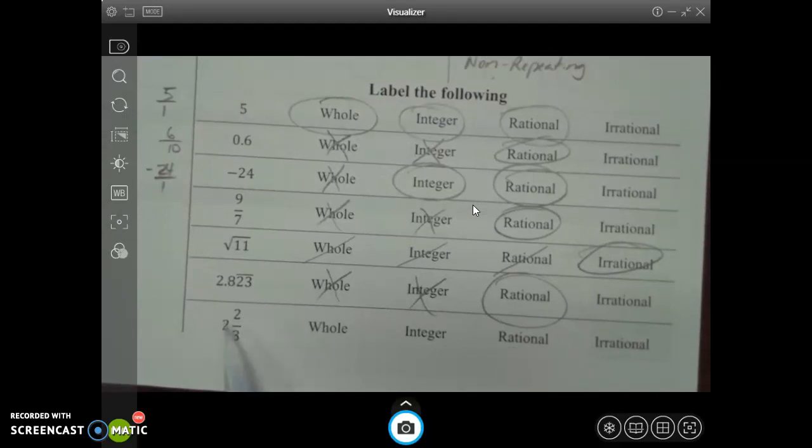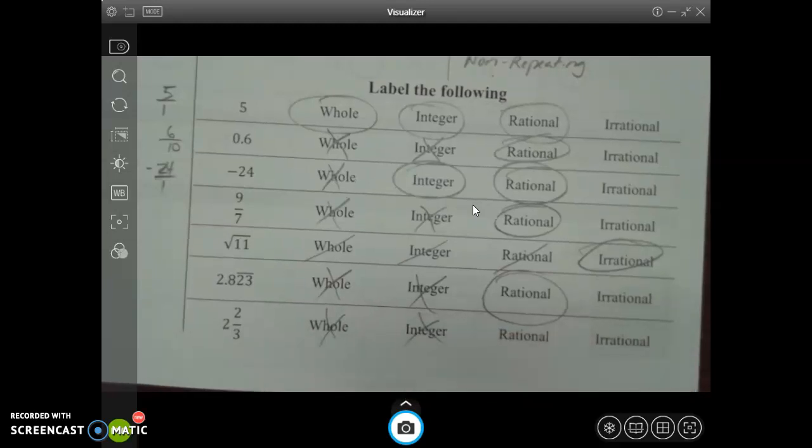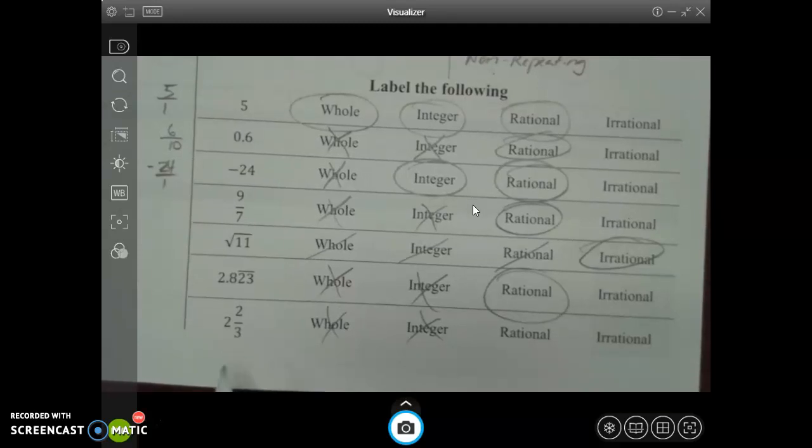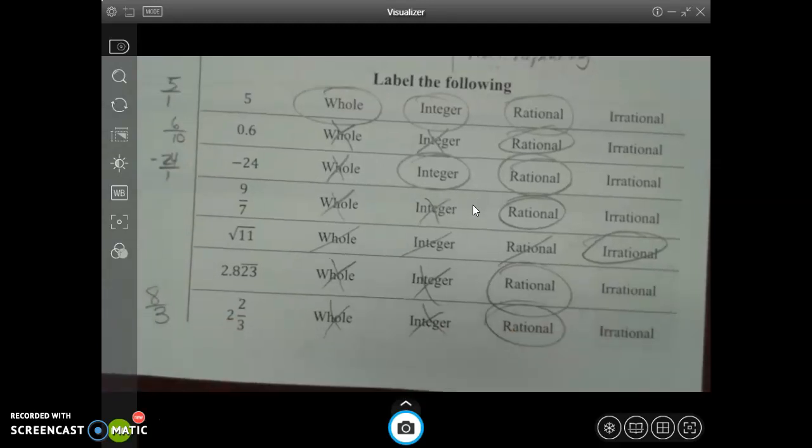Definitely not, because it has a fraction. Definitely not an integer. But it is a fraction. We could represent this as an improper fraction. All we have to do is 2 times 3, add 2, and we're left with 8 over 3. So that is rational.